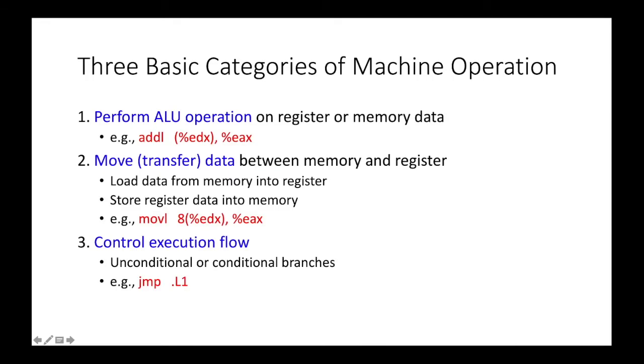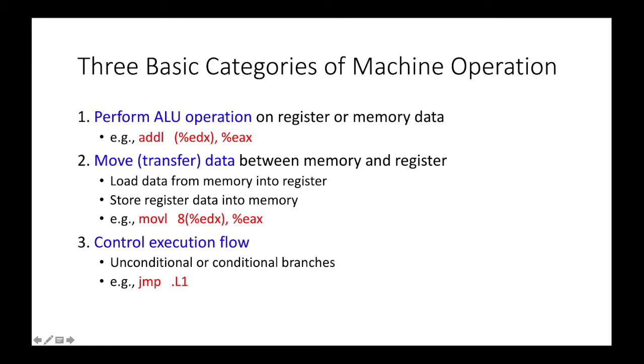Here's an example. The first category, the ALU instructions, perform arithmetic or logical operations on register or memory data. One example is addl (%edx), %eax. The second category of machine instruction moves or transfers data between memory and register, that is, loading data from memory into register or storing register data into memory.